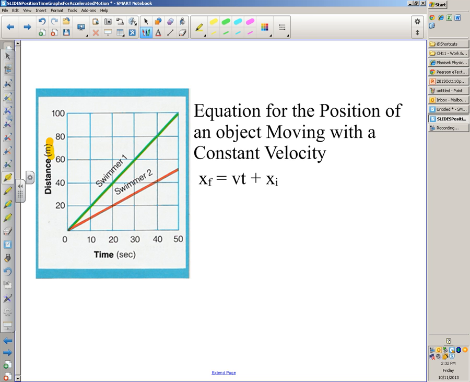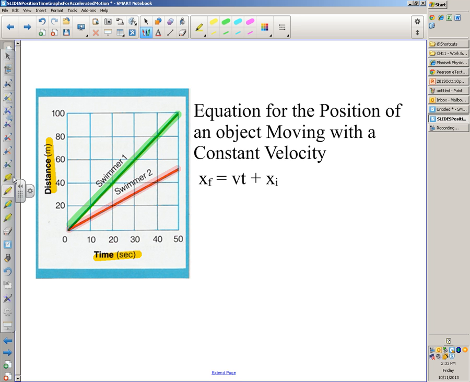So there was a lot of where and when, but we also said that we can get another piece of information from this graph. What else could we tell from a position versus time graph? Acceleration? Not acceleration, that's a little bit harder. Velocity. We can tell velocity, right? And how do we tell velocity on this graph? It's the slope. We can tell that swimmer number 1, with its slope like this, is going faster than swimmer number 2 with its slope like that.